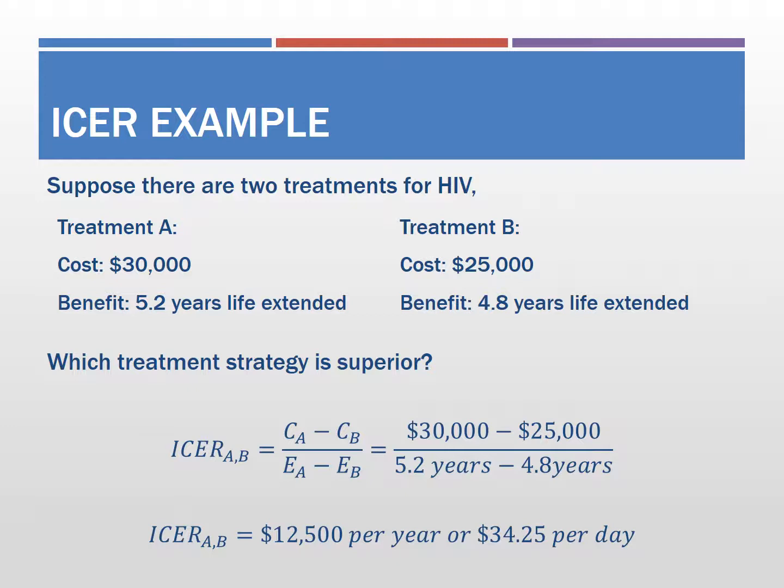On the other hand, treatment B will cost about $25,000. It's a less expensive one. However, the benefits for this treatment will also be less compared to A, because it will only extend life for this patient by 4.8 years.